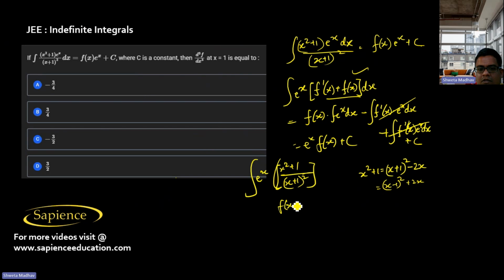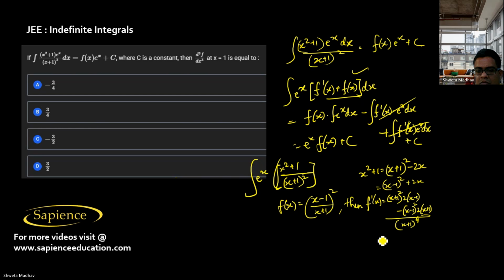So now if I take f of x as x minus 1 by x plus 1 whole square, then f dash x will be equal to (x plus 1) whole square into 2 into (x minus 1), then minus (x minus 1) whole square into 2 into (x plus 1) by (x plus 1) whole power 4. No, then this will not come.